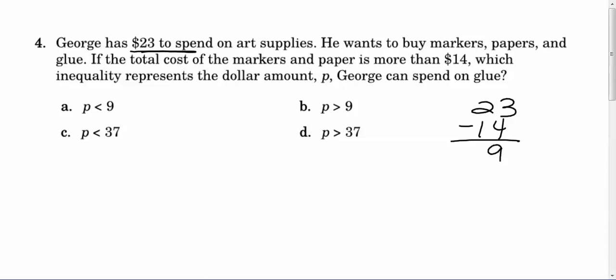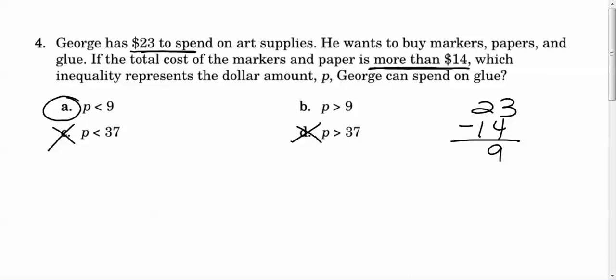So the correct answer here is either going to be A or B, because that's what he would have left for the glue, so 9-ish. But he's spending more than $14, so that's going to give him less money in his budget for the glue. So we're actually looking for an amount of money that is less than 9. So the glue price has to be less than $9 for this to potentially work.